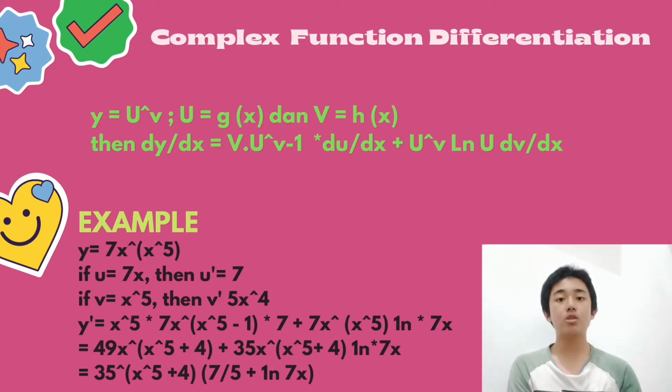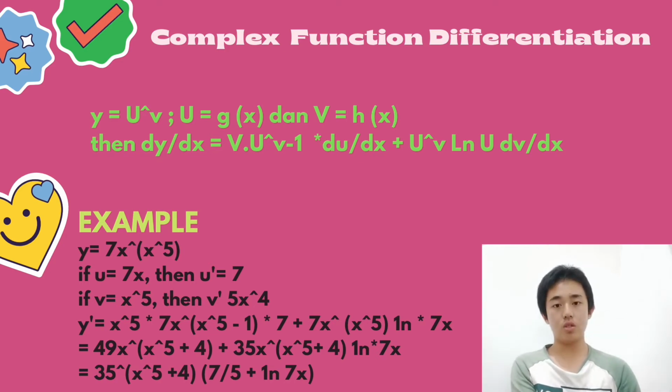Since we minus 1 with 1 it equals 0, so the x is gone, leaving 7 as the derivative of u. The v is x to the power 5, so we search for the derivative of v, which is 5x to the power 4, because we bring down 5, times it with x, and minus 1 from 5, which leaves 4.